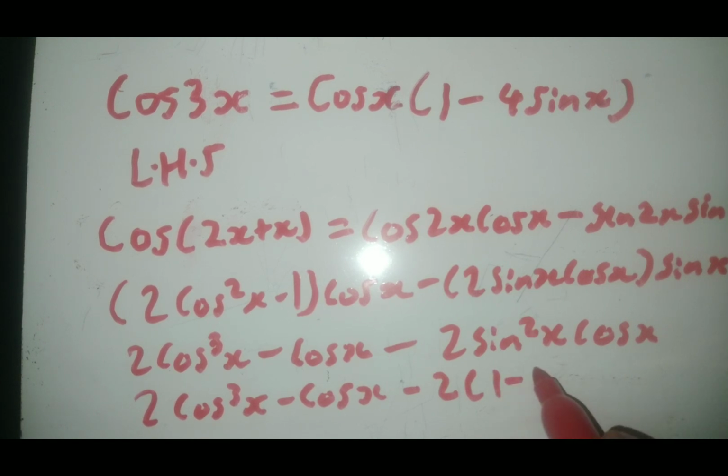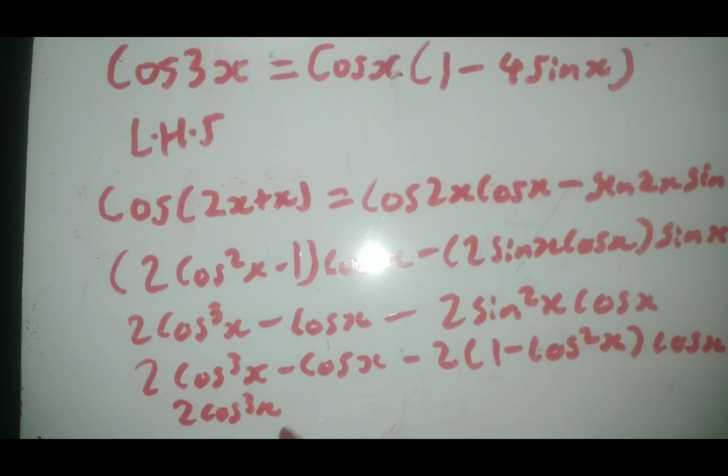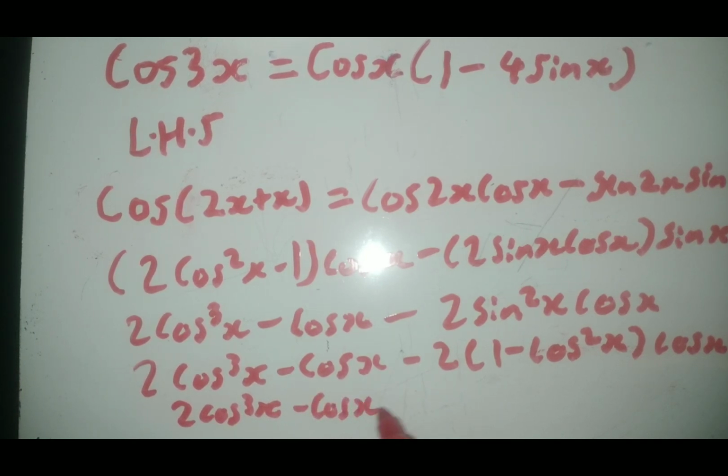This is going to be 1 minus cos squared x. And this is cos x. Then from there, we're going to have to distribute. So therefore, this is going to be 2 cos cubed x minus cos x minus 2 when we distribute plus 2 cos.